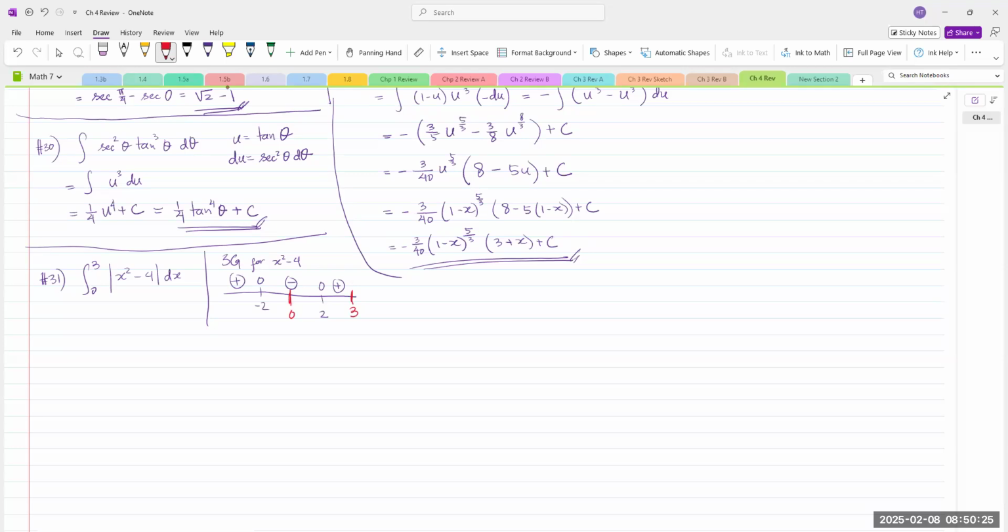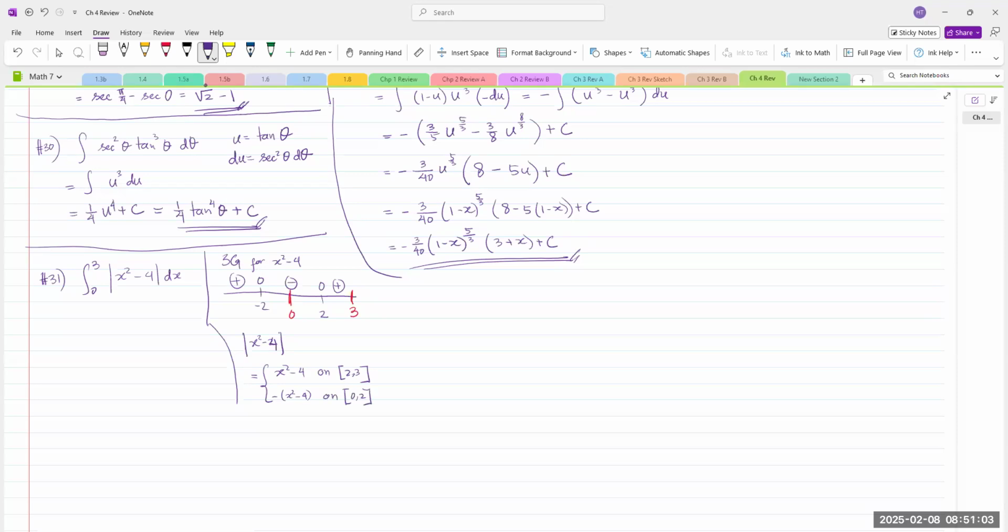From there we see that x squared minus 4 is positive in our interval on 2 to 3, and negative on 0 to 2, so I put another negative to make it positive on 0 to 2.